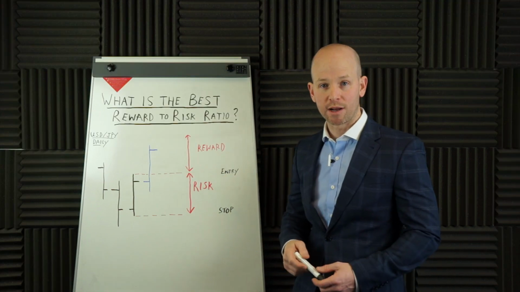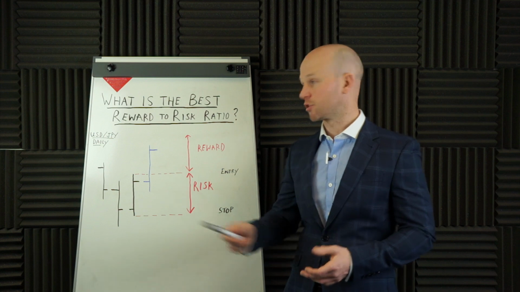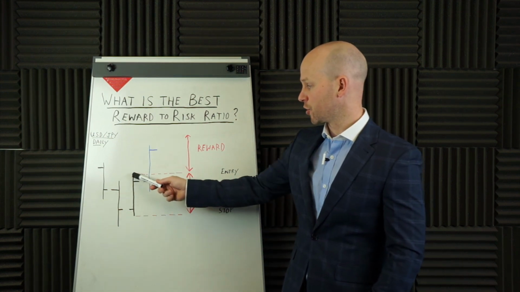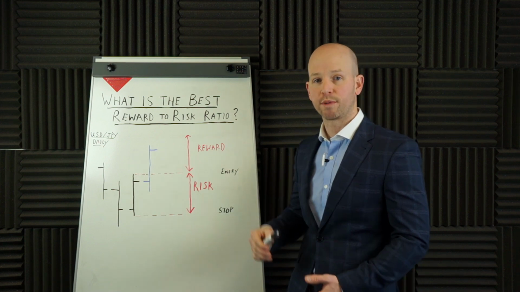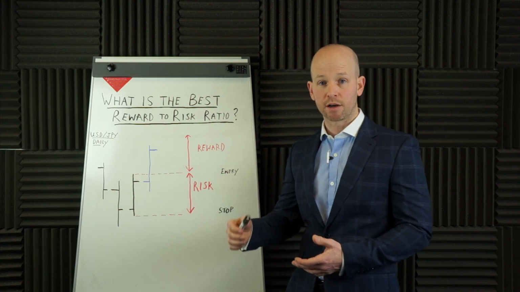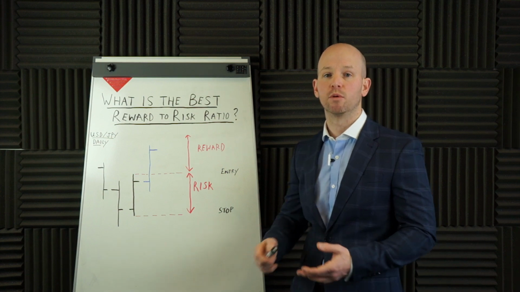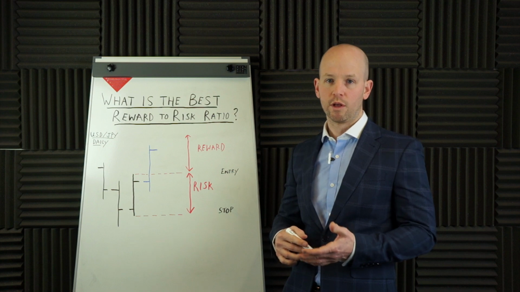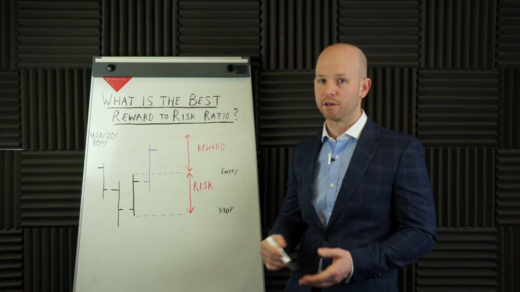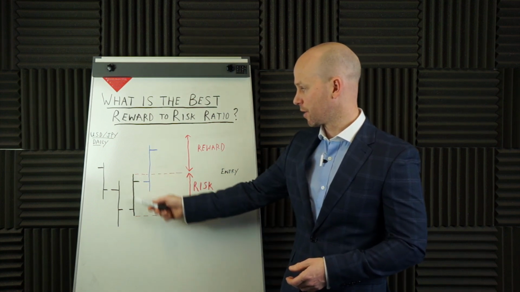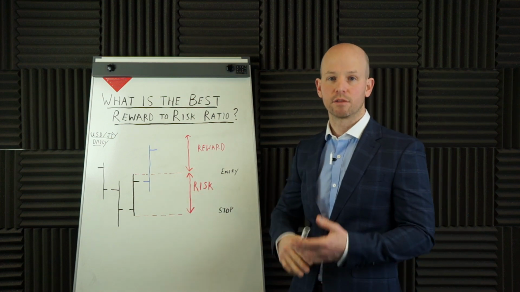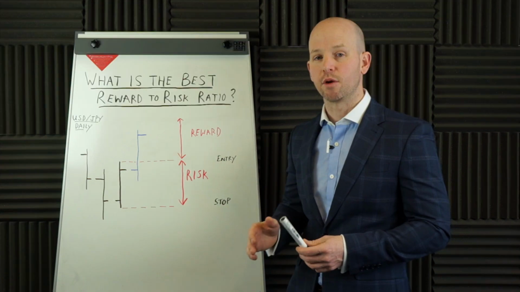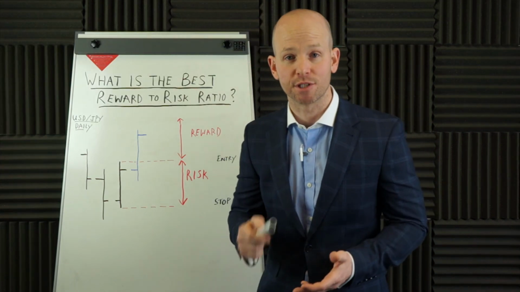I've programmed a neat little bit of code into this strategy, and whenever it gets the setup, it measures this risk and automatically places a target depending on the multiple that I say. I could input 0.5-to-1, 1-to-1, 2-to-1. It knows how much that is, calculates it, and places an automatic profit target. So let's go over to the computer and have a look at the results.